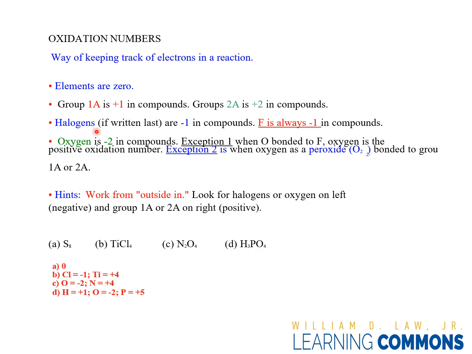Most of the time it is minus one, and fluorine is always minus one. If fluorine reacts with oxygen, fluorine is more electronegative than oxygen, therefore the oxygen is converted to the positive charge, because fluorine has the highest electronegativity compared to oxygen.